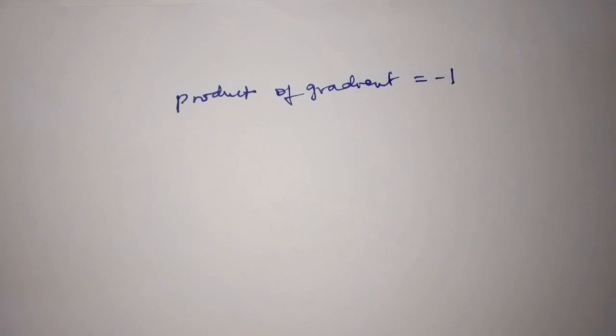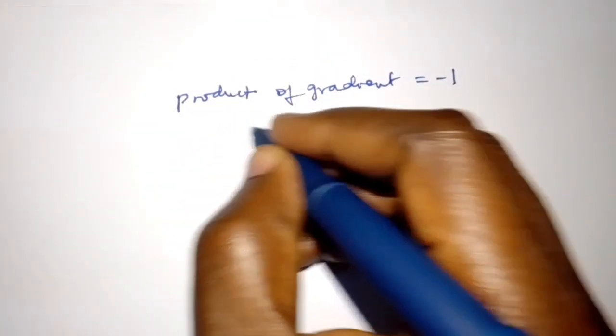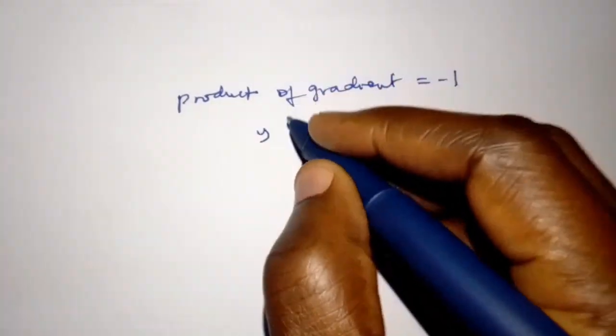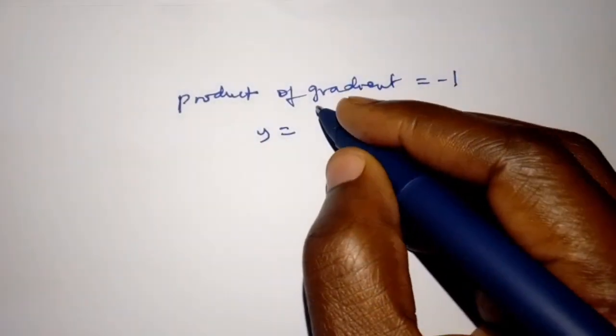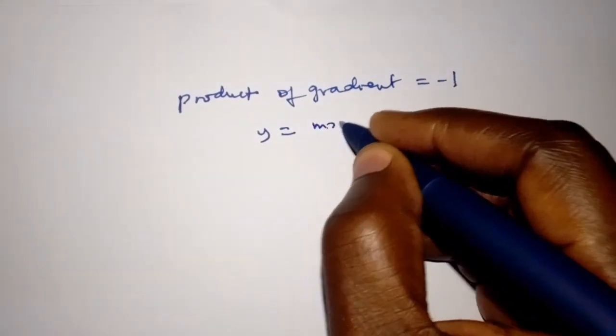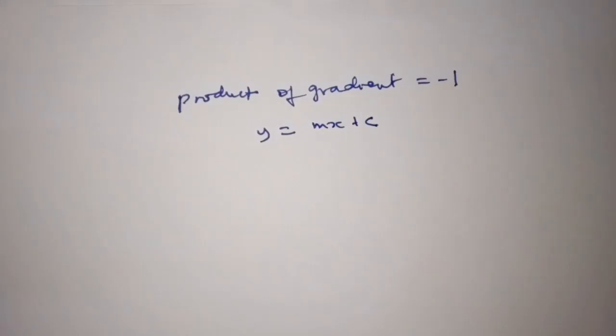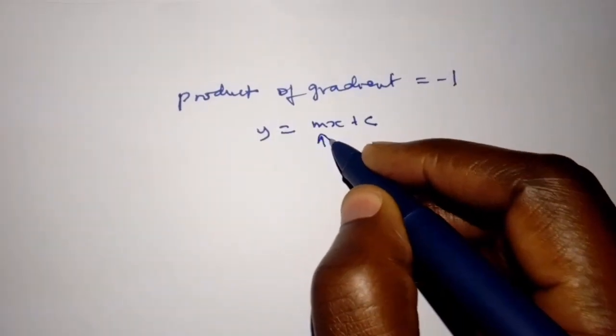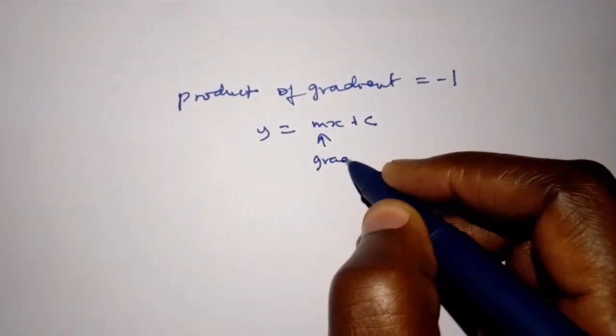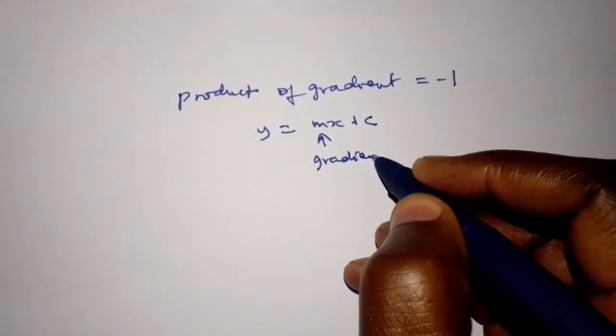And we are also going to use the linear equation formula of a straight line, which is given by y = mx + c, whereby m is the gradient.